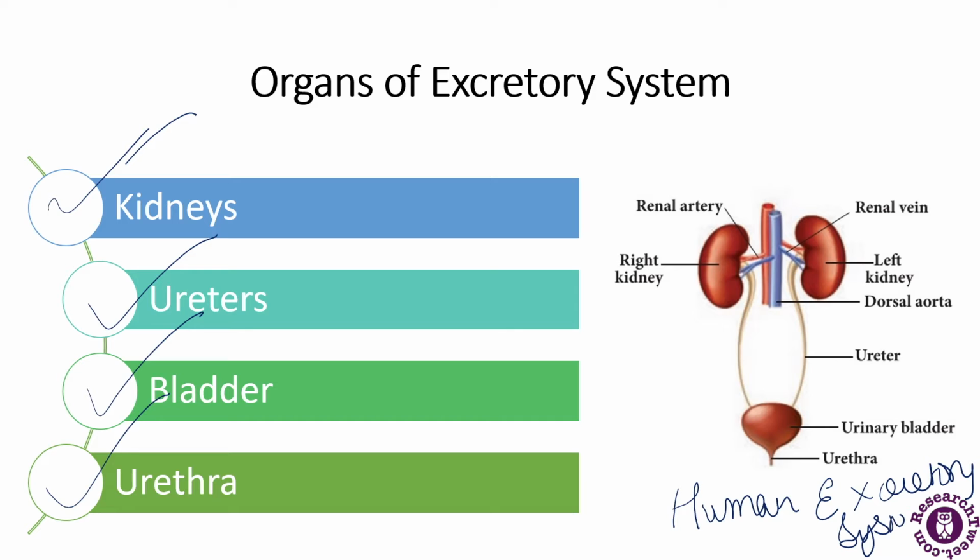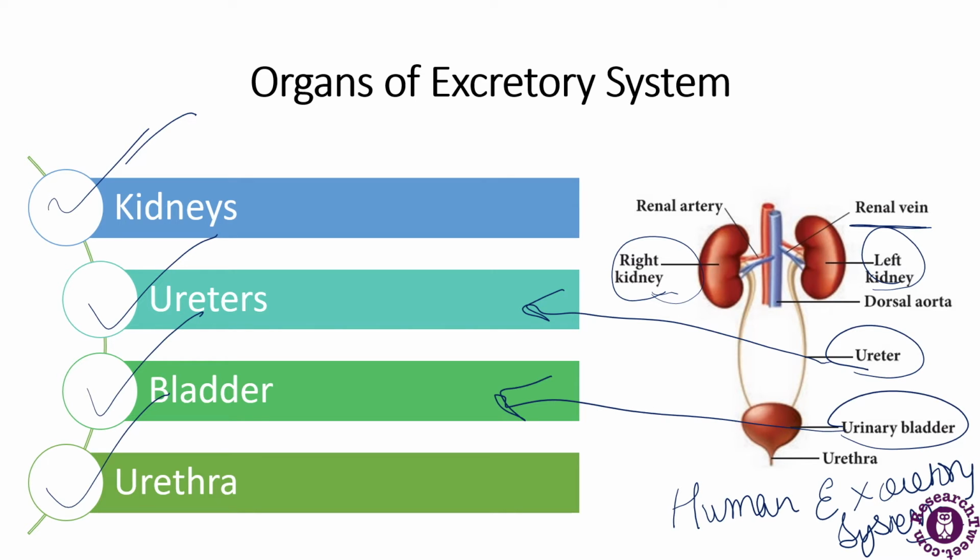There are a pair of kidneys, the right kidney and left kidney. There is a renal artery shown in red, and a renal vein shown in blue. This is the ureter. Then this is the urinary bladder and the urethra, from where the urine is passed out.